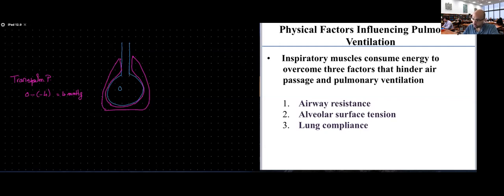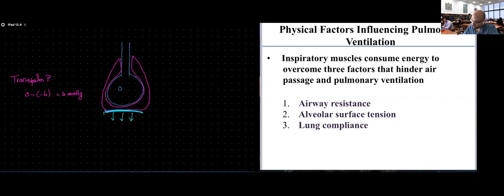What happens during inspiration? Remember, inspiration is an active process, so you need muscles to contract in order to allow inspiration to take place. The most prominent muscle you need to contract to allow air in is the diaphragm.